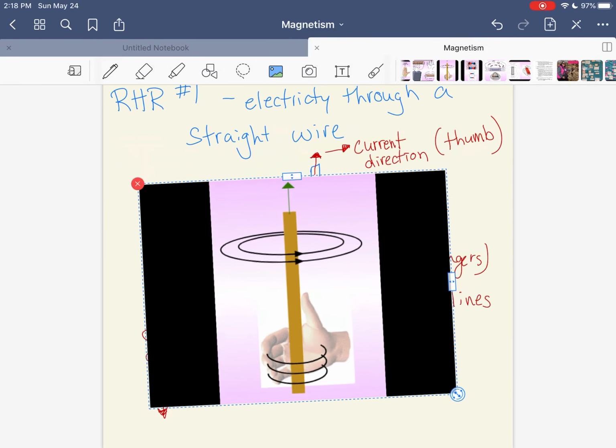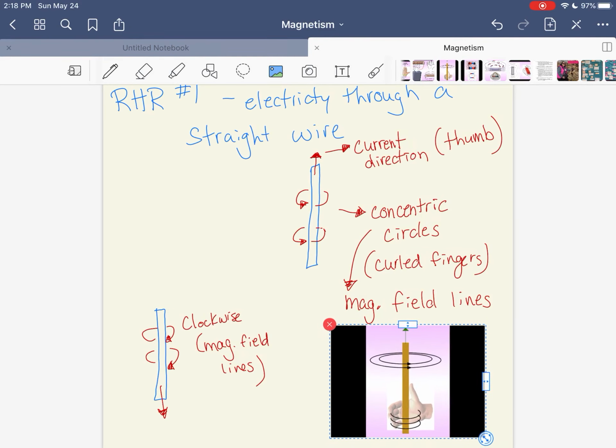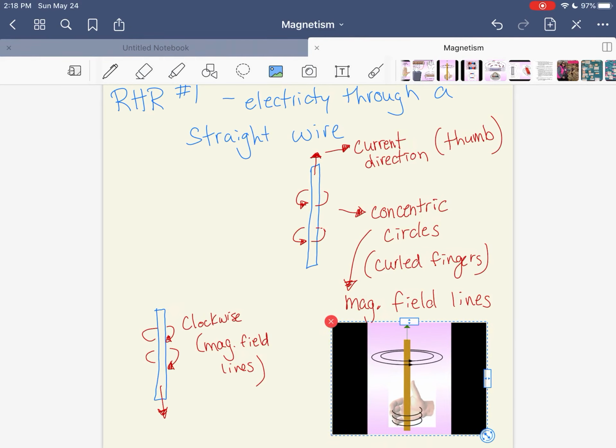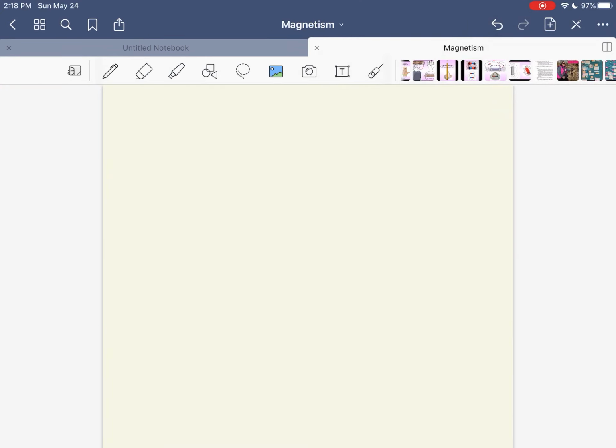If we have the opposite being true, then our thumb is pointing down and now our fingers are curling around in a clockwise direction. Okay. When we are dealing with straight wires, there's another way to show a straight wire.